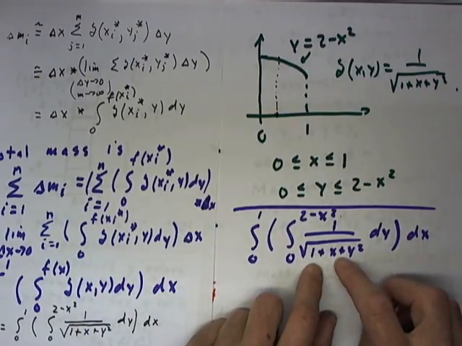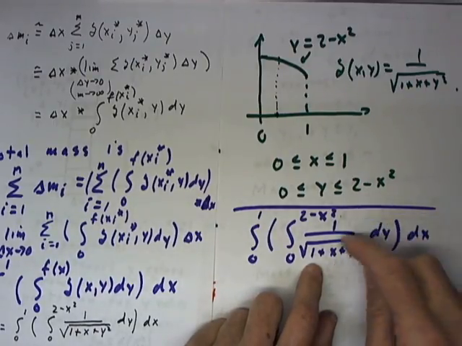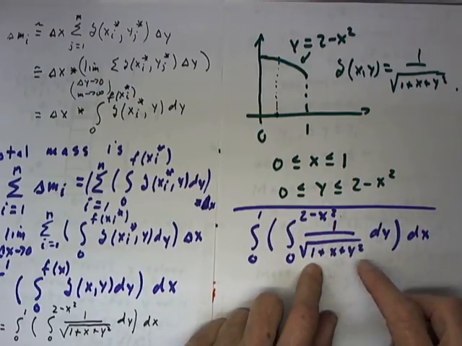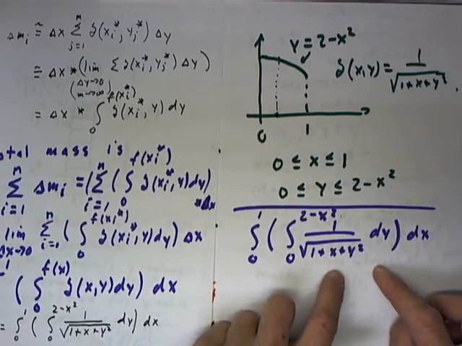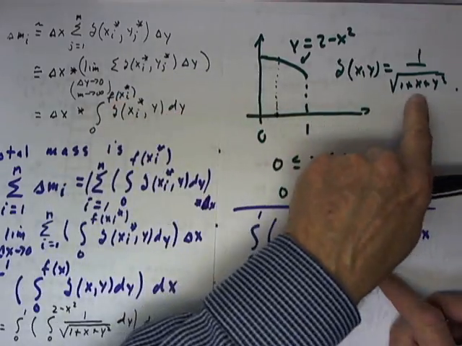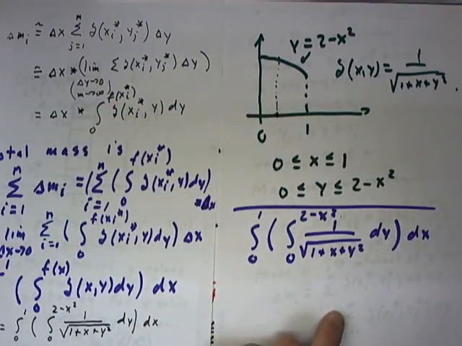Now, we're going to have an inverse sine then of something that involves 2 minus x squared and x, and that might be difficult to integrate with respect to x, but the integral we see here does represent the mass of this region with this density function.